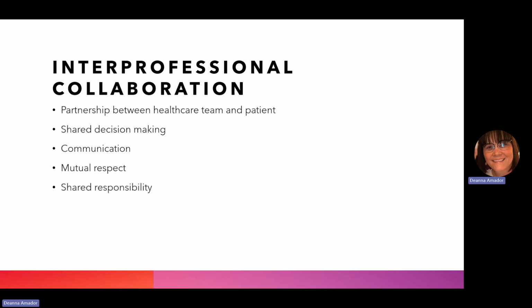So by following the SBAR technique, the situation, background, assessment, recommendation technique, this is an effective communication tool that is used to provide very concise and accurate communication between members of the team. And that's what can be used to go from patient to patient to patient and make sure that this coordination is being used.